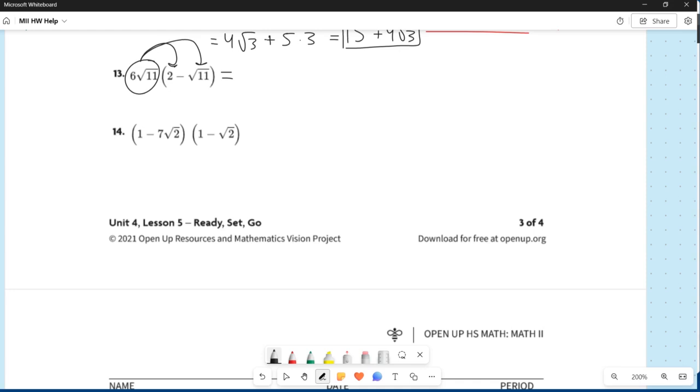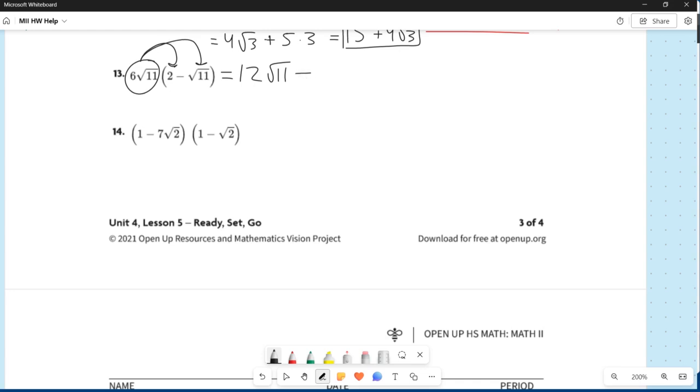They're rational numbers, so I can multiply them together. 6 times 2 gives me 12, and then the root 11 is still there. When you're multiplying, if 2 numbers are not under the square root, you can multiply them together. And if you're multiplying 2 numbers that are under a square root, you can also multiply those together and keep them under the square root. So we end up getting 12 root 11, which is 12 times root 11, minus.